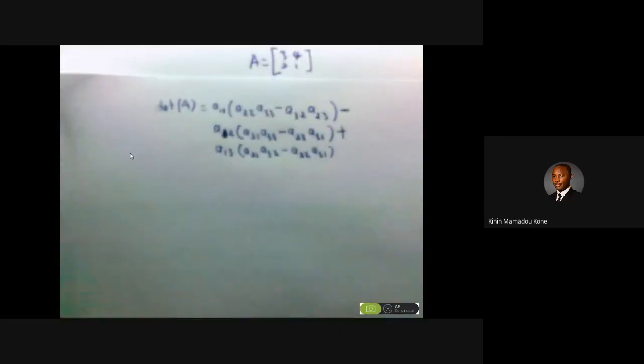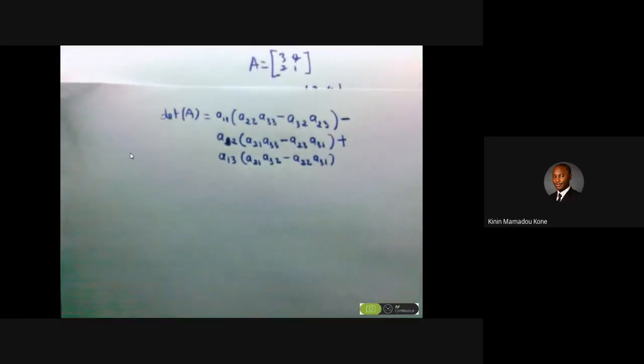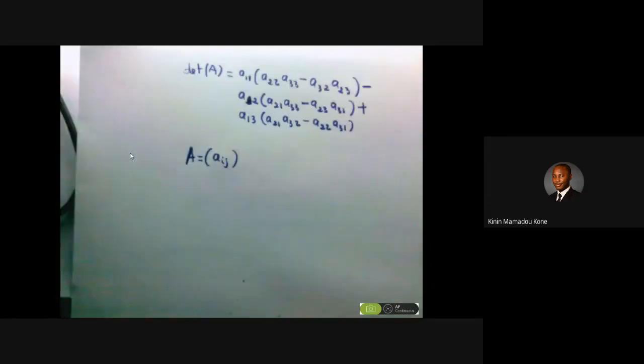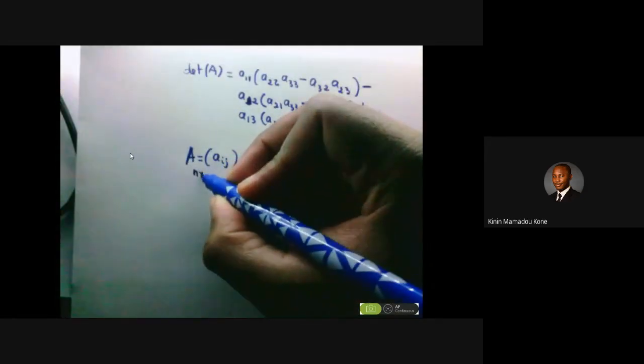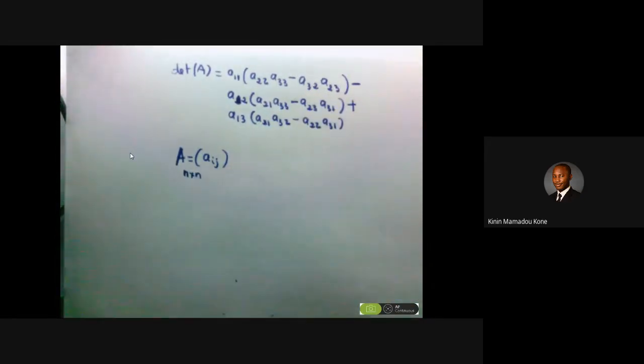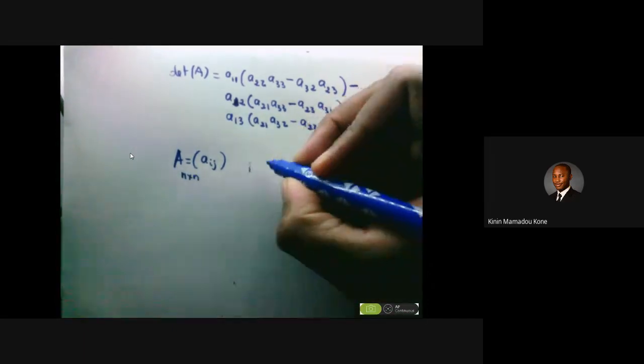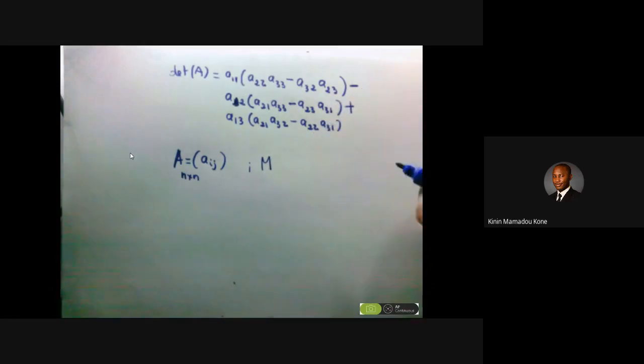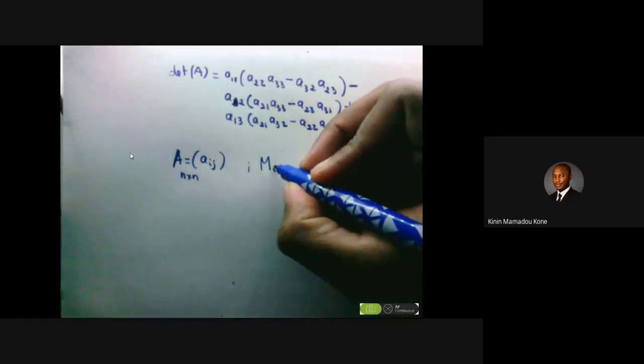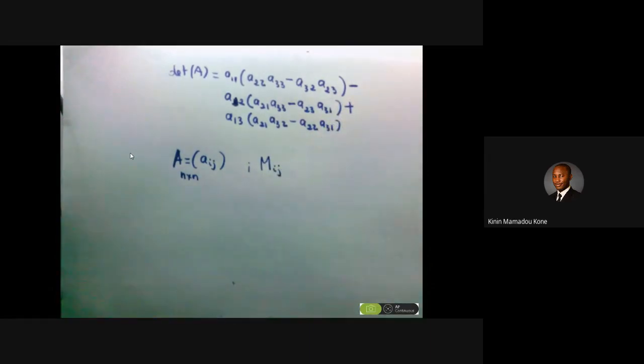So from that you can come up with some definition. If A is an n by n matrix with entries A sub ij, we have what we call a minor of a matrix. It is denoted by capital M with entries ij.